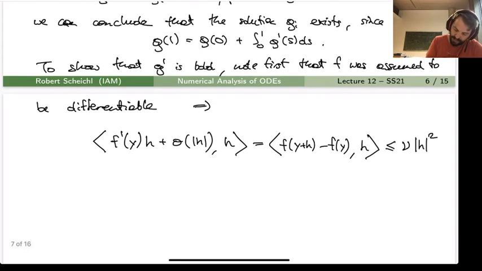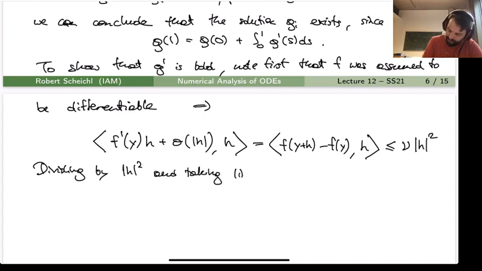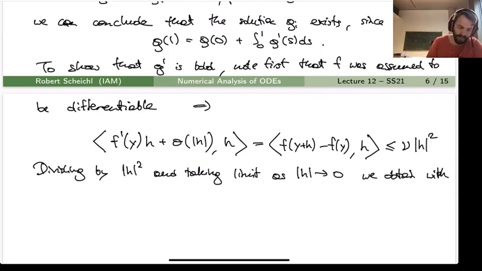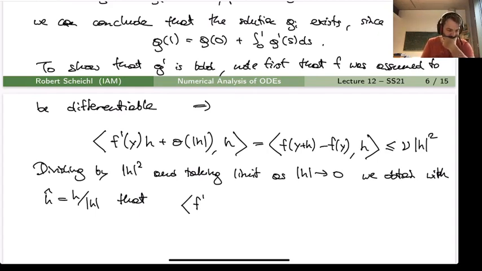Dividing by norm h squared, and taking the limit as norm h goes to 0, we can obtain, with the unit vector h hat defined as h divided by modulus h, that the Jacobian matrix, so the derivative of the vector valued function f with respect to y, times unit vector h hat against unit vector h hat is less than or equal to nu.